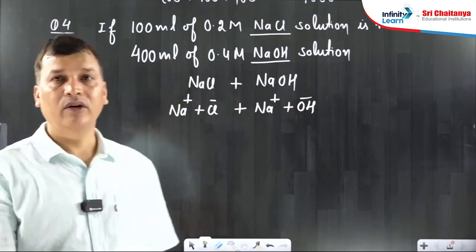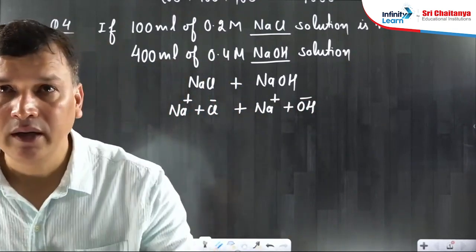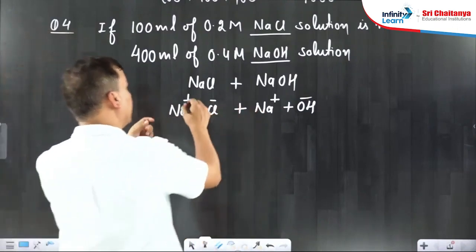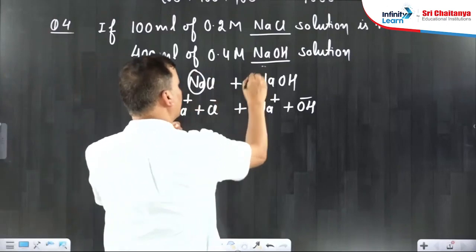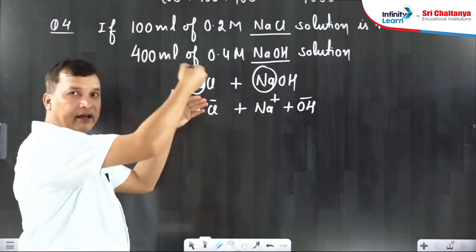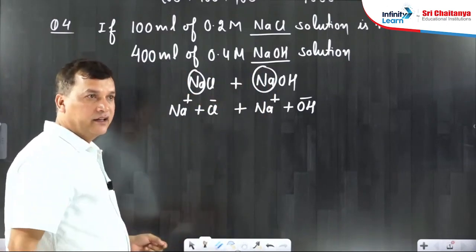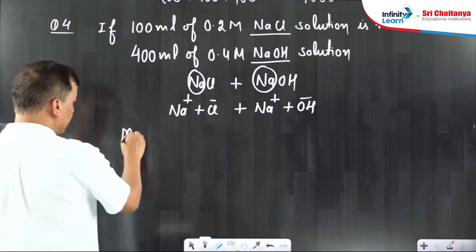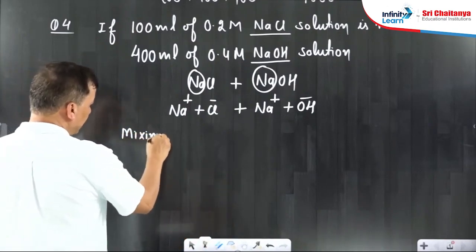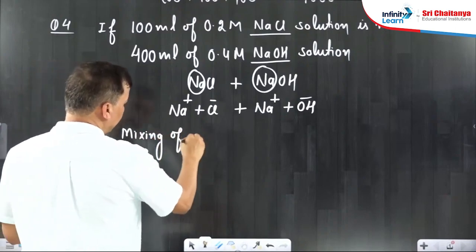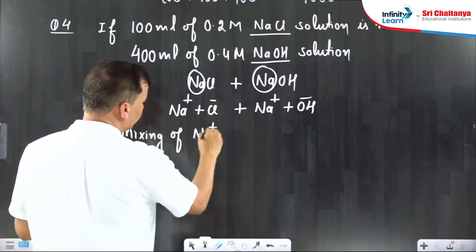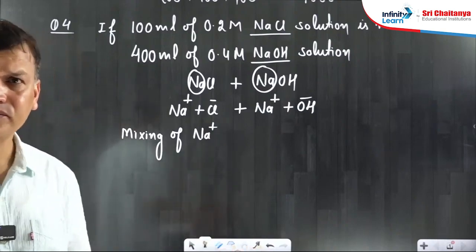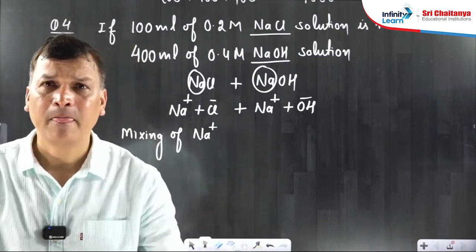You are understanding or not? My dear friend, in both the solutions, which one is common? Sodium ion is common. These are mixed. Is that clear or not? So mixing will take place. Mixing of which ion? Na positive. I think it is very common. Got it or not?